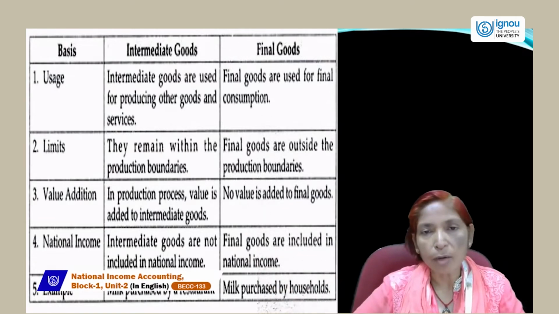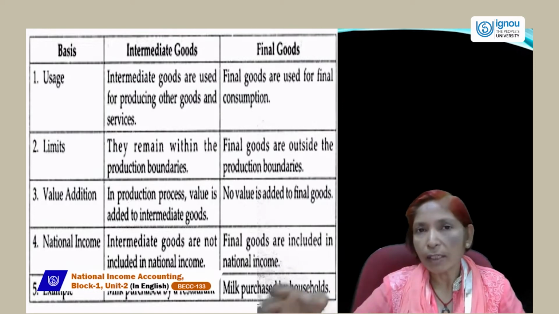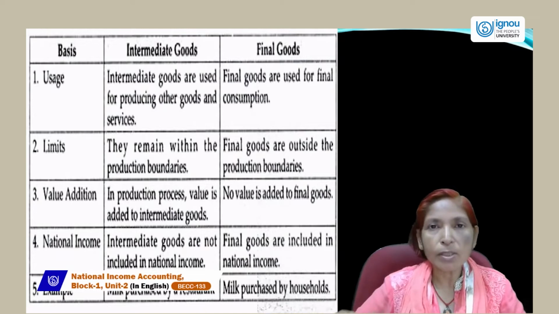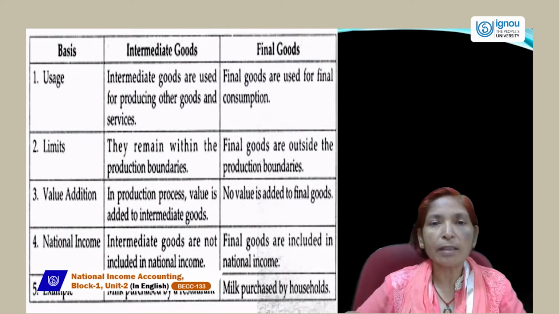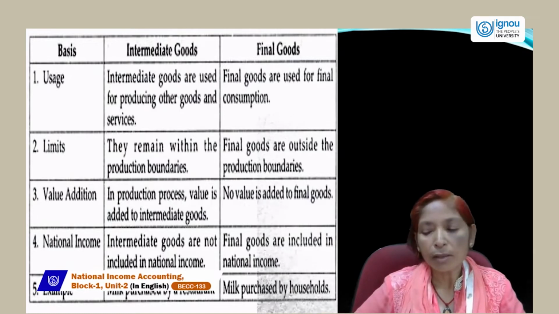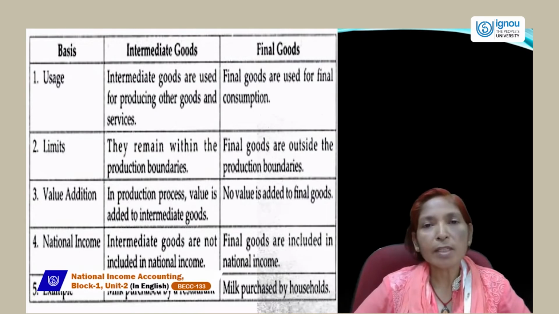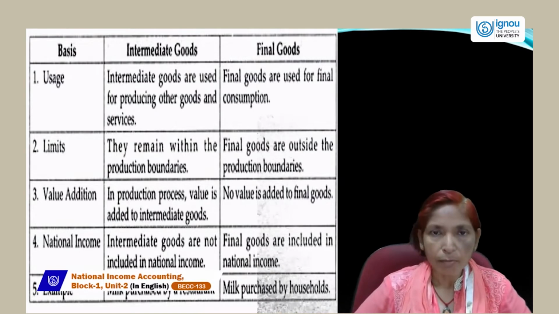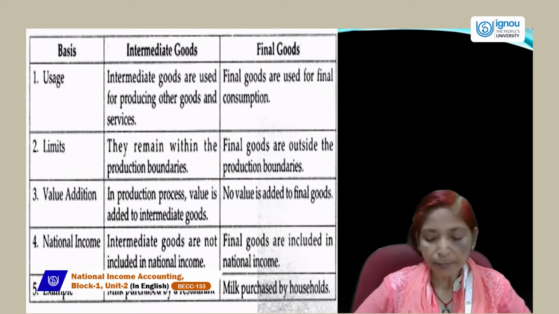Who is using that commodity? If a consumer is using it, that is called a final good. If the firm sector or any production unit is using it, that is called intermediate. So in national income estimation, we should always include final goods, not intermediate goods, because intermediate goods create a double counting problem.